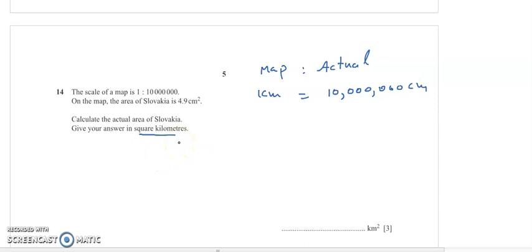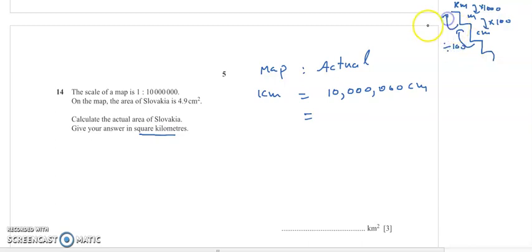So first I will convert this centimeter into kilometer, and we know that to convert centimeters into kilometers, we need to divide. Let's remember the stair method for conversions. From kilometer to meter we need to multiply by 1000. From meter to centimeter we need to multiply by 100. And if we have to go back, then we need to divide by the same numbers.